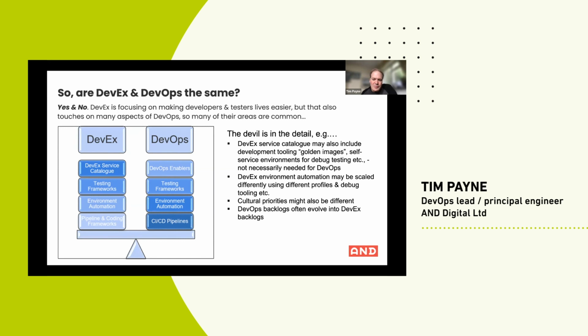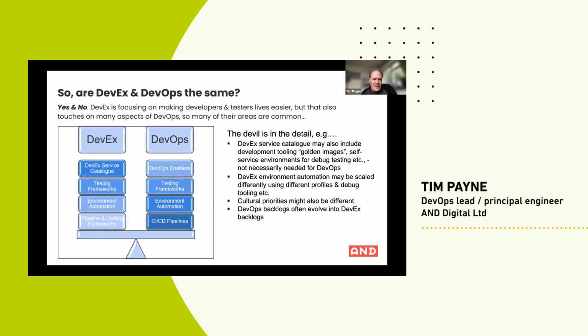There are also the cultural priorities, which will be different. In DevOps, you're basically looking to make the developer's life easier, the tester's life easier, and the operations life easier. And in DevEx, you're primarily focusing on the developer and the tester. You're not so much focusing on the operations or the production team.